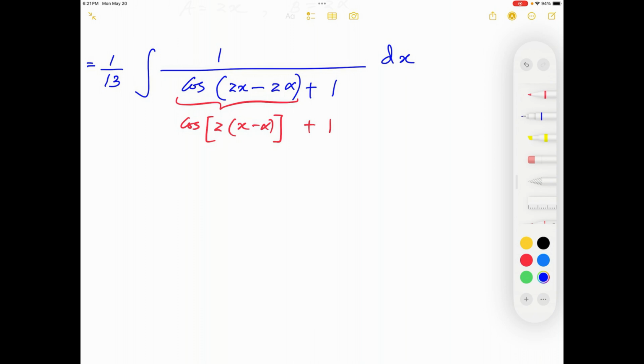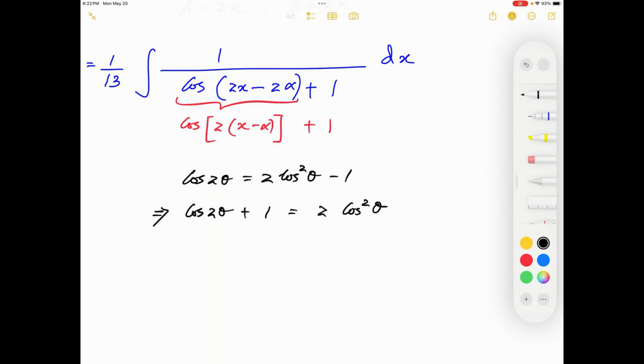Now, when you look at this term, what trig identity comes to your head? Well, we know that cosine 2 theta has 3 expansions, but I'm going to use the expansion that cosine 2 theta equals 2 cosine squared theta minus 1. I can rearrange the terms of that identity as cosine 2 theta plus 1 being equal to 2 cosine squared theta.